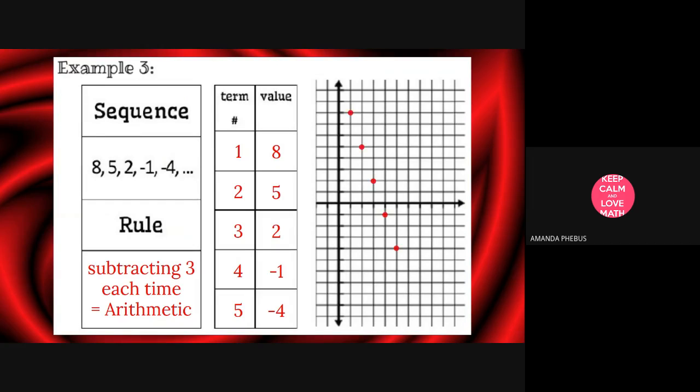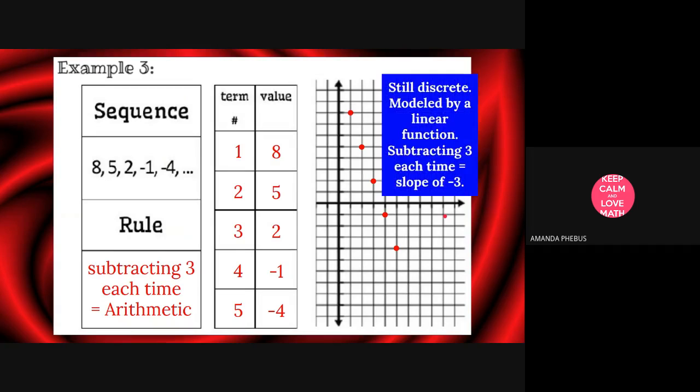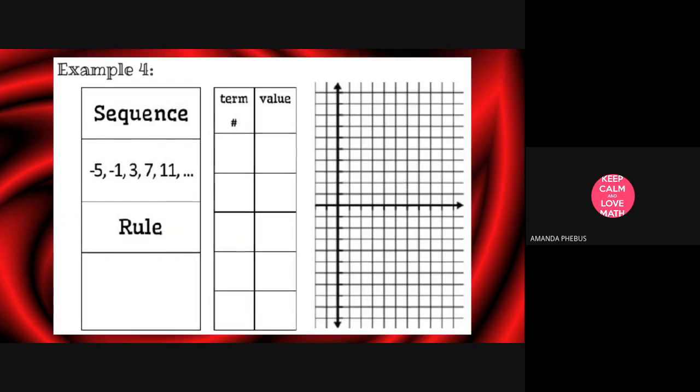If we graph those, and if I look here, down 3, right 1, down 3, right 1, down 3, right 1, down 3, right 1. So it has a slope of -3. That's pretty neat. All right, so it's still discrete, modeled by a linear function, subtracting 3 each time, slope of -3.